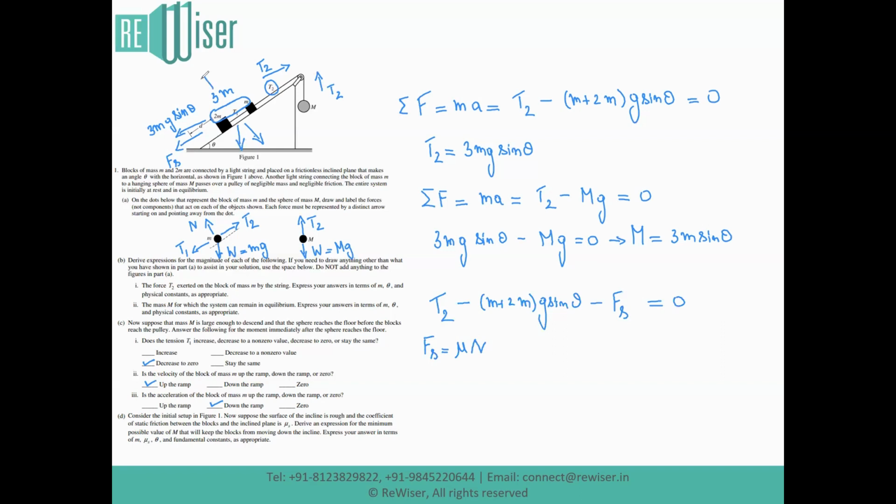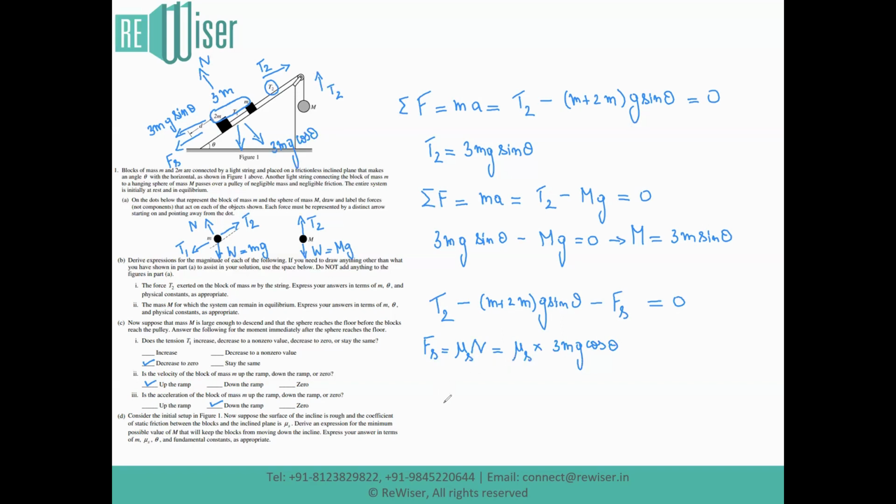Since the normal reaction force N, as stated here, is exactly opposite to the component of weight, that is 3 mg cos theta, we can write the formula as Fs is equal to mu s into 3 times m times g times cosine of theta.